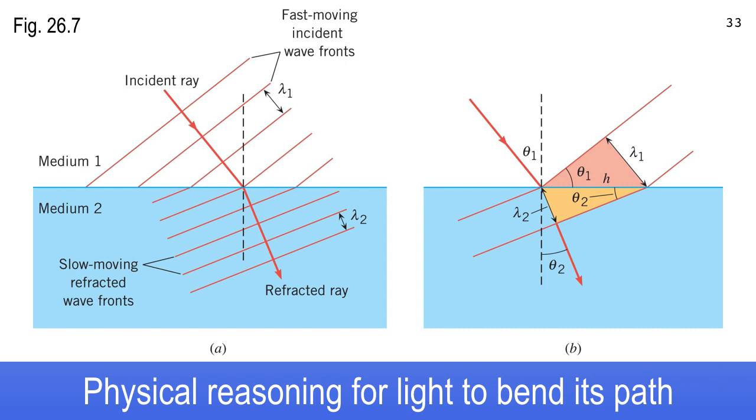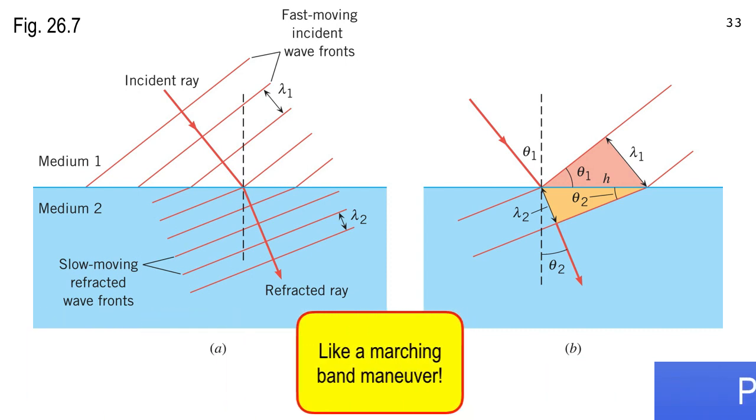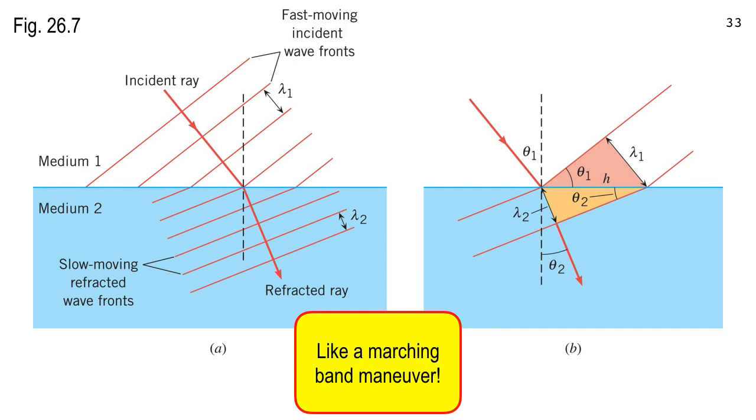These wavefronts are going fast, and because they get further, by the time this one has gotten down here, it has turned the wavefronts by a certain angle. This is where all the trig is worked out in this diagram, but it boils down to the marching band maneuver.